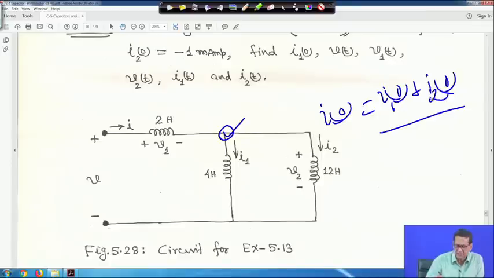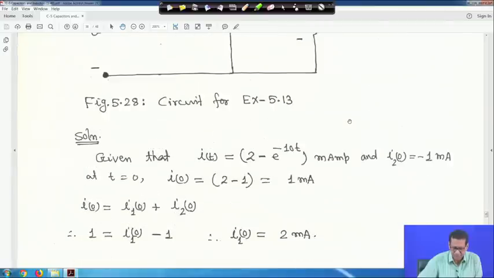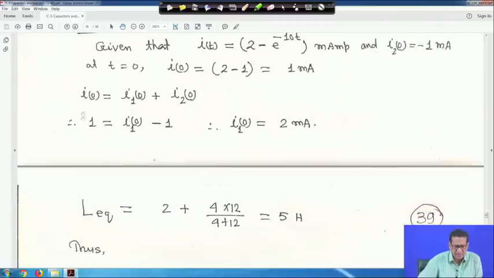One of them is given, and I(0) we have computed, so the other one you can easily get. I(0) is 1, and I2(0) is given as minus 1 milliampere. Therefore, I1(0), the initial current, is 2 milliampere.